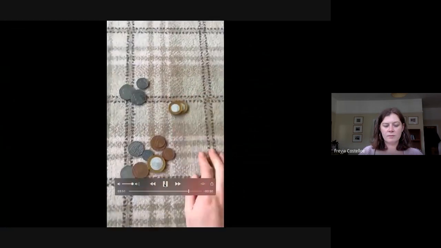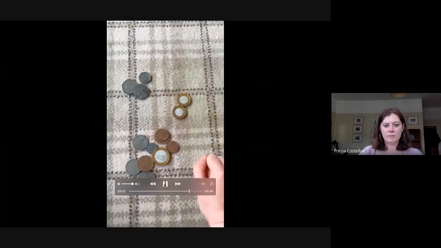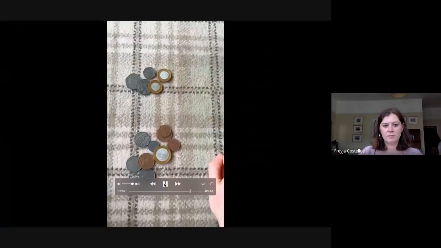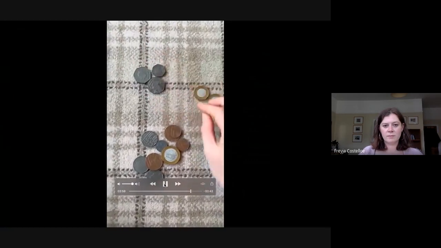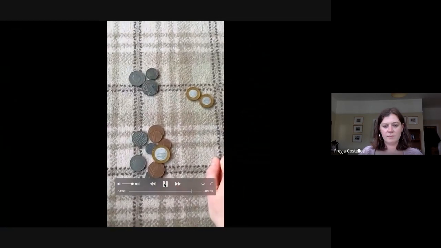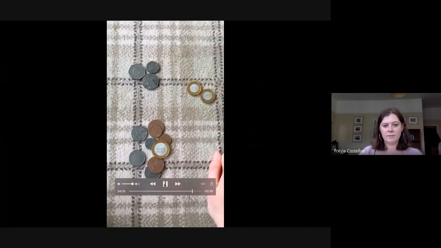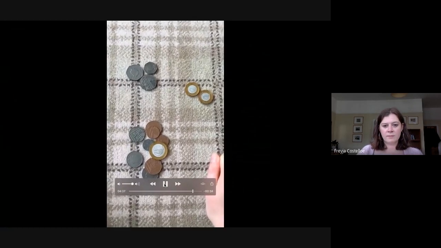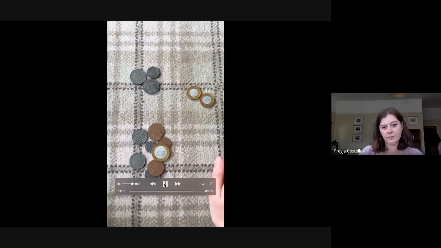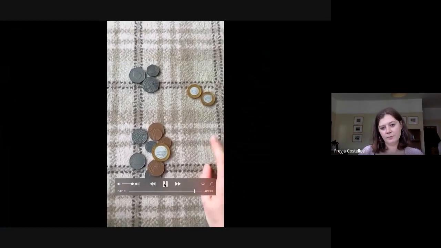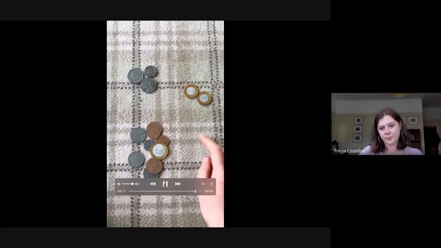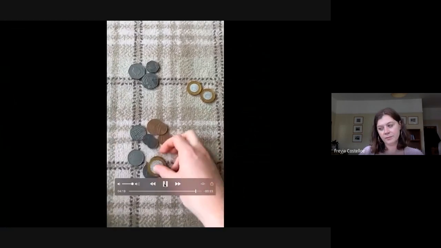So maybe I could group them there in their own group, or I could put them in the group with edges, maybe. I don't know, that's up to you. What do you think? And I'm sure there are many, many other ways that I could group those coins. I could group them by size, by value, by thickness.